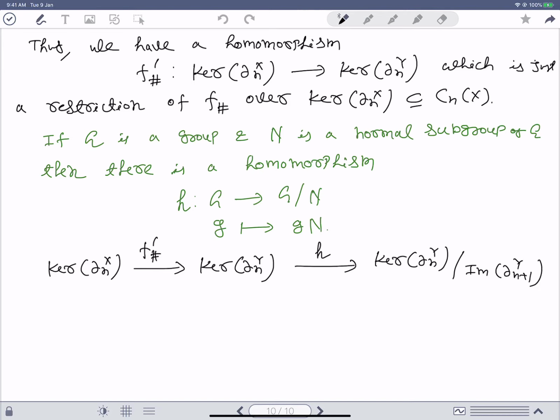We know this is a normal subgroup of the kernel of del n y, right? So there is a homomorphism. So both are homomorphisms. So here f hat dash and h both are homomorphisms.